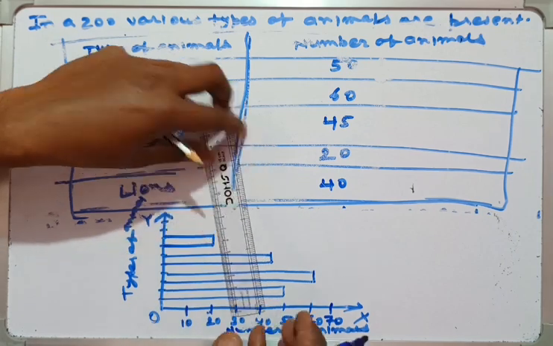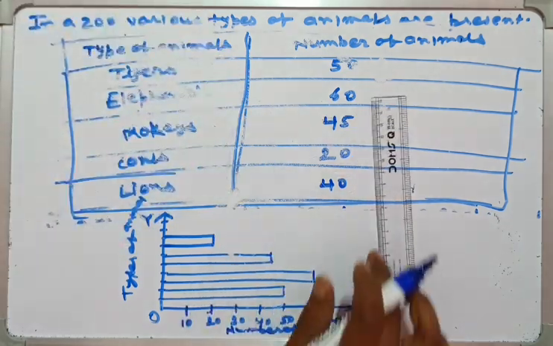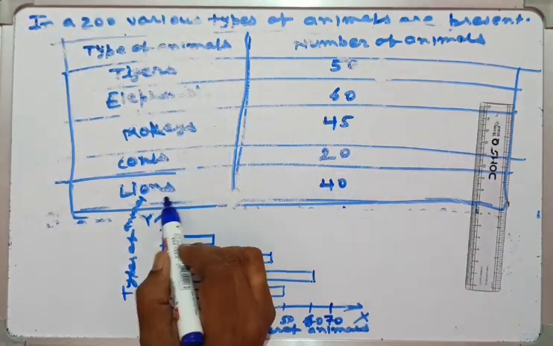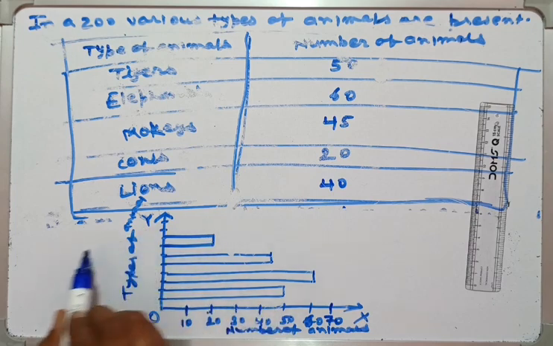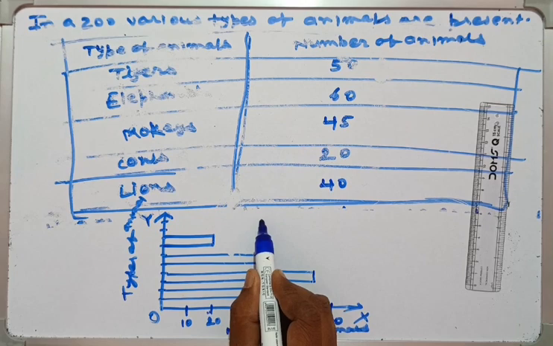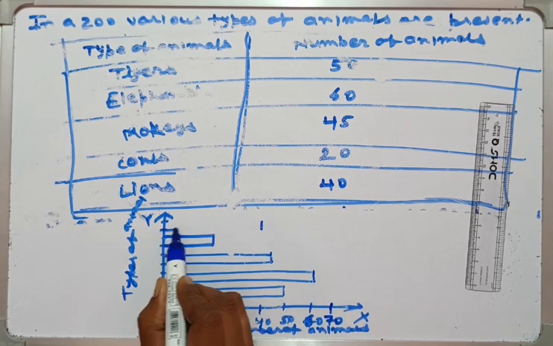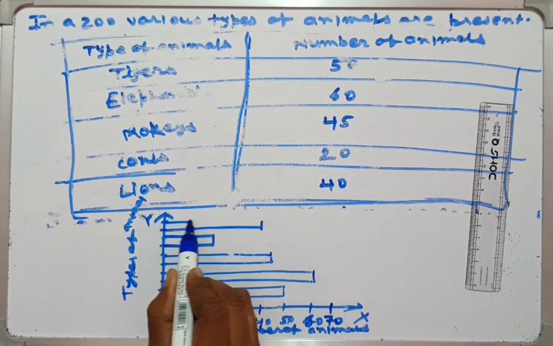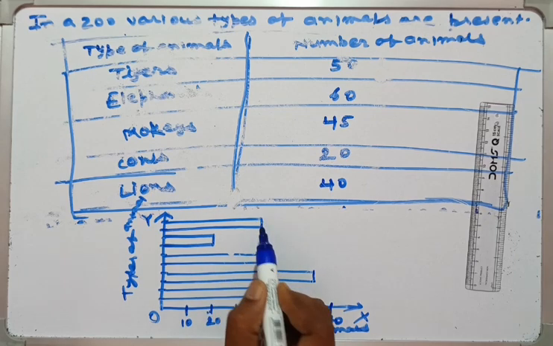Now there are 40 lions in this zoo. So this number is 40, and correspondingly a small line here represents the width of the bar.